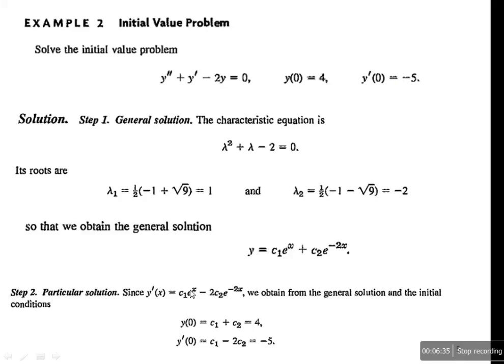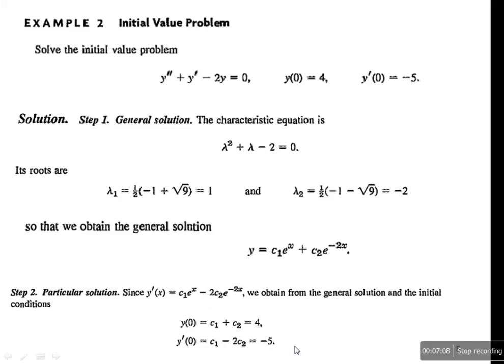Let's go back to applying the initial conditions. I will take y prime, the derivative of the solution. You can see this is the first derivative of the solution. Now apply the initial conditions in y prime and y. This is the first initial condition and this is the second.